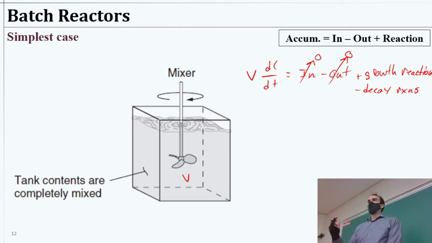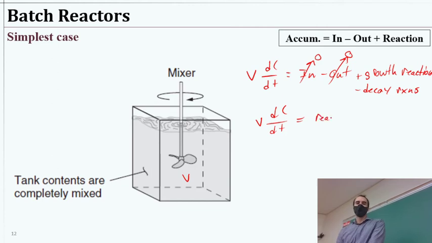So the point is, in a batch system, our accumulation rate is really just going to be this V dC/dt, and that's going to be equal to the sum of the reactions. So I'll just write reaction rate. And it turns out that the V's are going to cancel, and it's just going to be a differential equation that tends to be pretty simple.